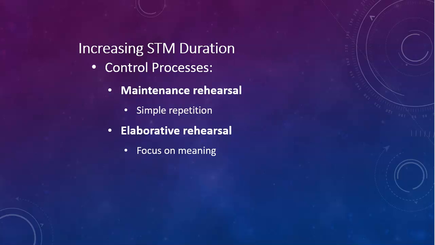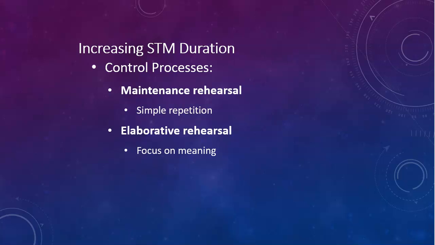Now, a different type is elaborative rehearsal, and this is where you really focus on the meaning. So you elaborate on the material in thinking about how it applies to our lives. So you can think about chair, like, okay, I'm sitting on a chair, I'm looking at a clock, stuff like that.